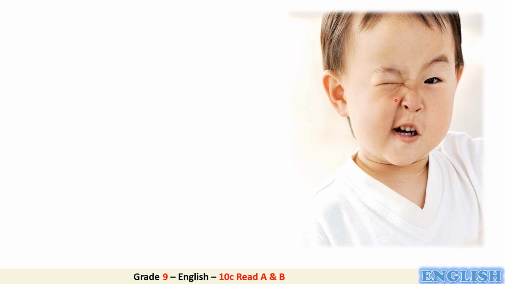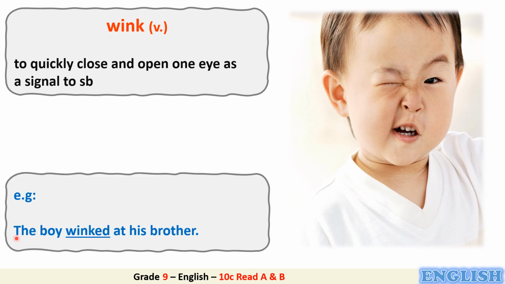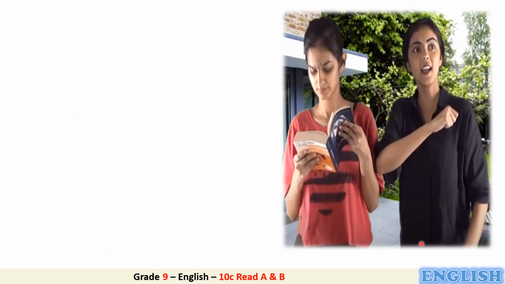Look at this boy. Wink. And it is a verb which means to quickly close and open one eye as a signal to somebody. For example, the boy winked at his brother. Look at this girl.